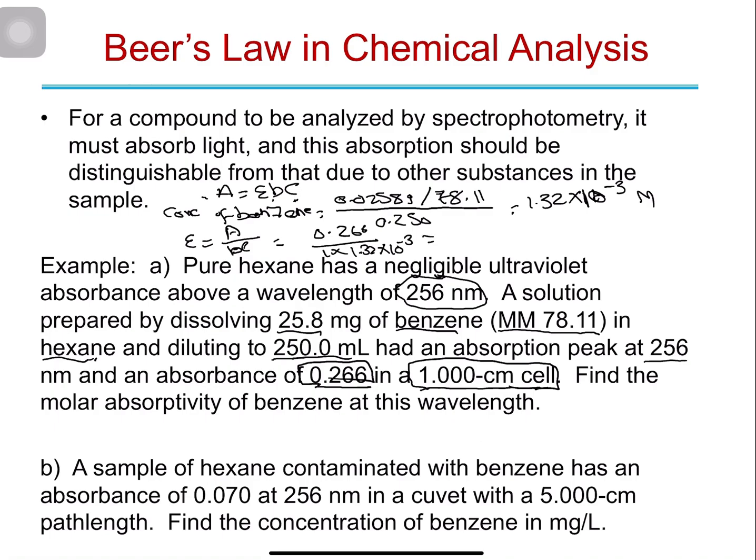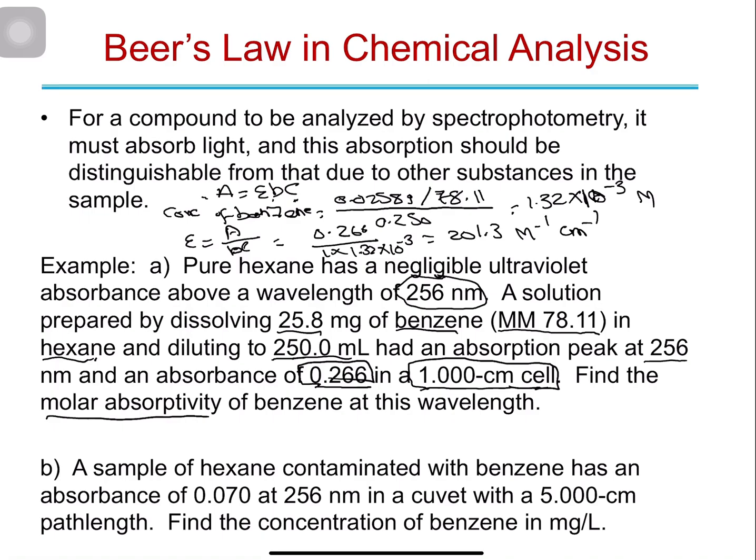The molar extinction coefficient equals 201.3 molar minus 1 centimeter minus 1. This is the molar extinction coefficient, and this is specific for benzene in hexane at wavelength 256. So this is the molar absorptivity or the molar extinction coefficient.